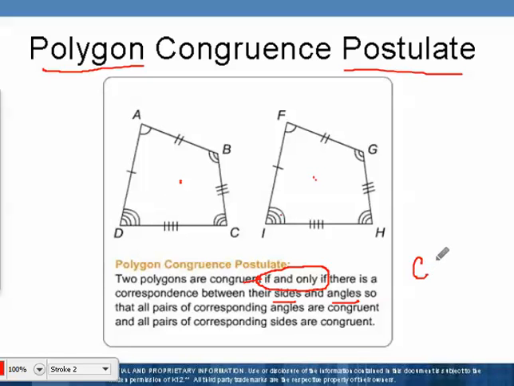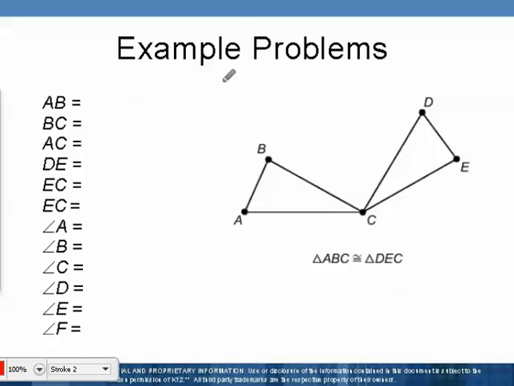It's corresponding parts of congruent polygons are congruent, CPCPC. That is the converse of this postulate, which we can use, but that has a name. That one gets used all the time. Proving all the sides and all the angles congruent, that's a lot of work, and no one really wants to do all that work. So we will come up with ways of making this a little bit easier.